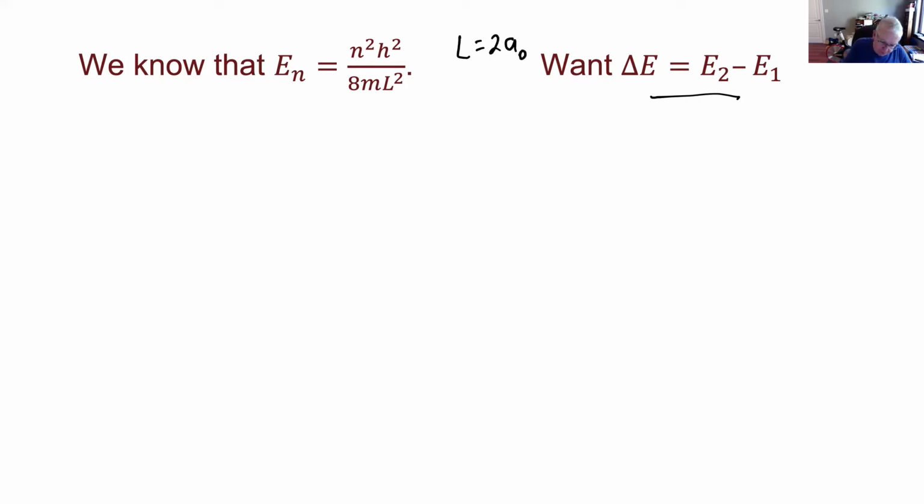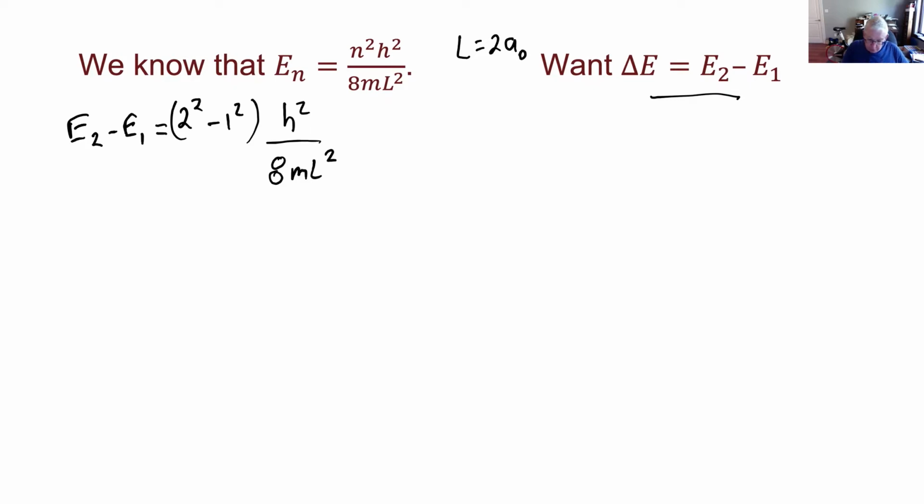So if I want to get E2 minus E1, that's the quantity I want. That's going to be equal to 2 squared minus 1 squared for the n squared piece. And then both of those have h squared over 8mL squared. L squared is 4a0 squared.